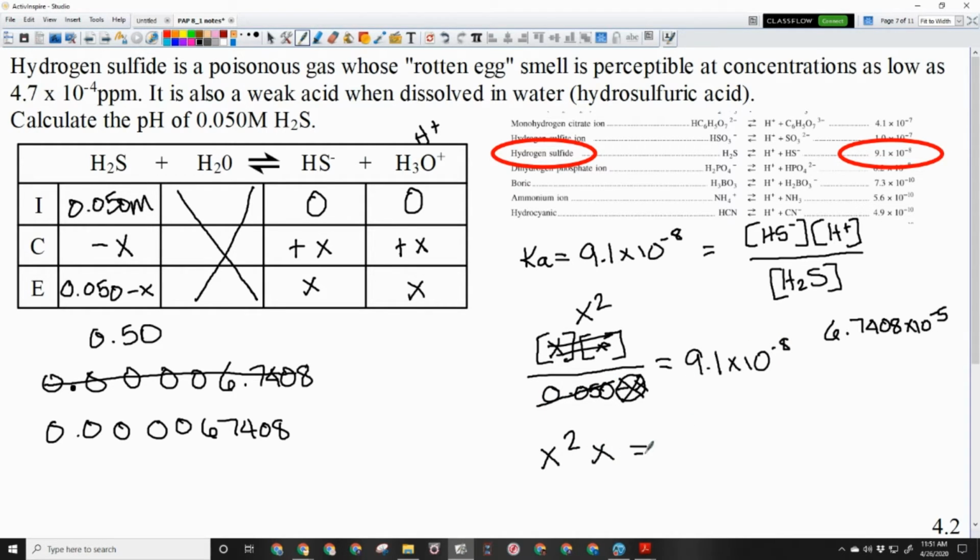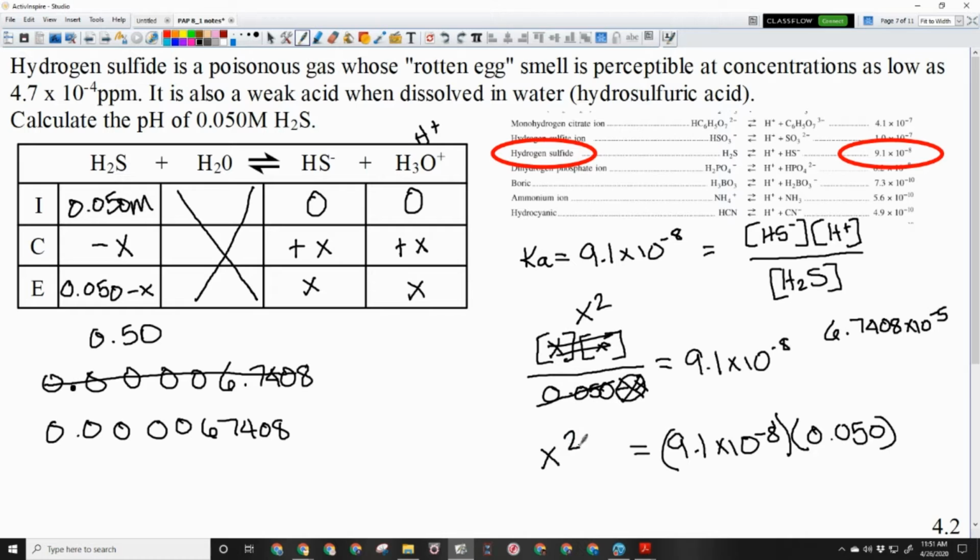So x squared is now equal to 9.1 times 10 to the negative 8 times 0.050. Now we have to get rid of this exponent. Why did I write another x there? Sorry. All right, so x squared is now equal to this value.